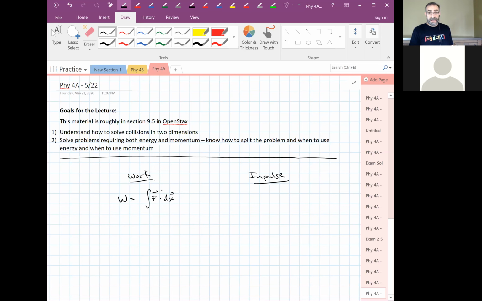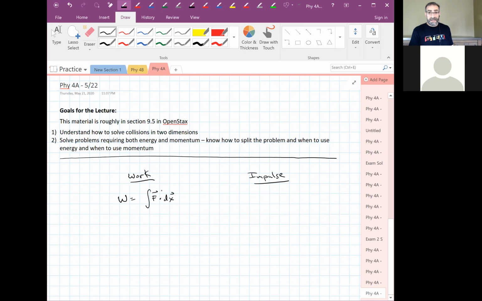Impulse, we get a very similar thought process, very similar set of information. Impulse is the integral of F dt. When F is constant, it's just force times time. But if F is not constant, it's the integral of F dt.